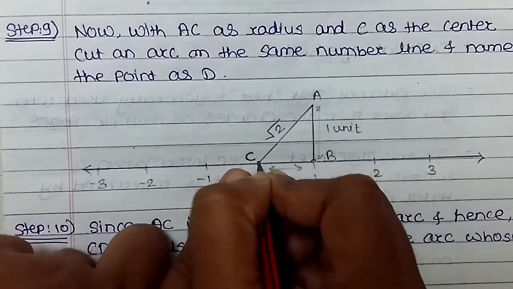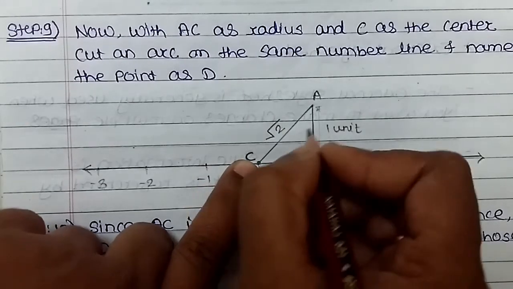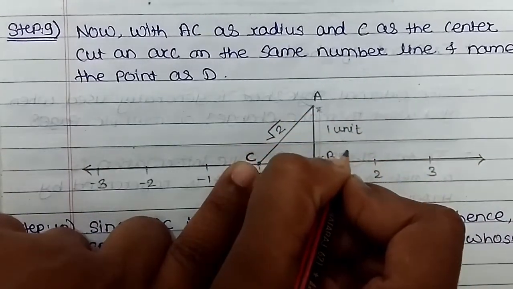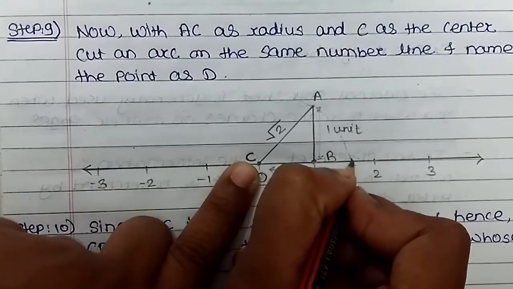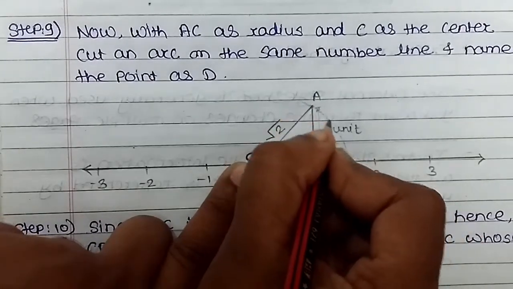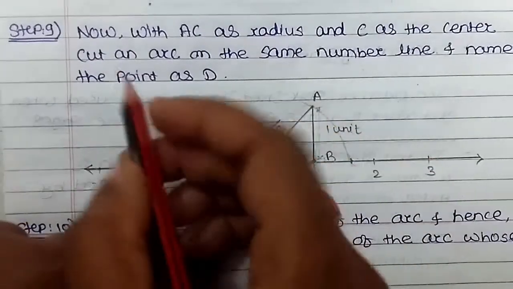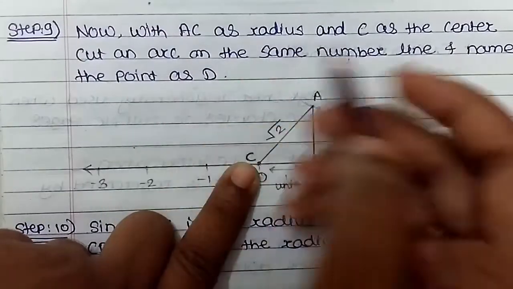So put one point of your compass here and draw the arc here like this. That means it cuts your number line. It cuts number line on positive side only, negative side not. So cut an arc on the same number line and name the point as D.